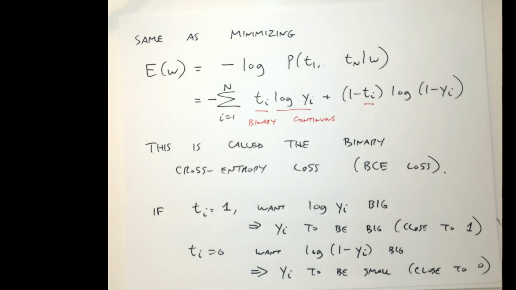If I'm trying to hit the binary classification of 1, maybe the yi that I get is like 0.95. That means I'm pretty close to being sure I'm in class 1. This will make more sense when we look at more than 2 classes, but the idea is to take a number that I know is binary and drive some continuous number as close to that binary number as possible.